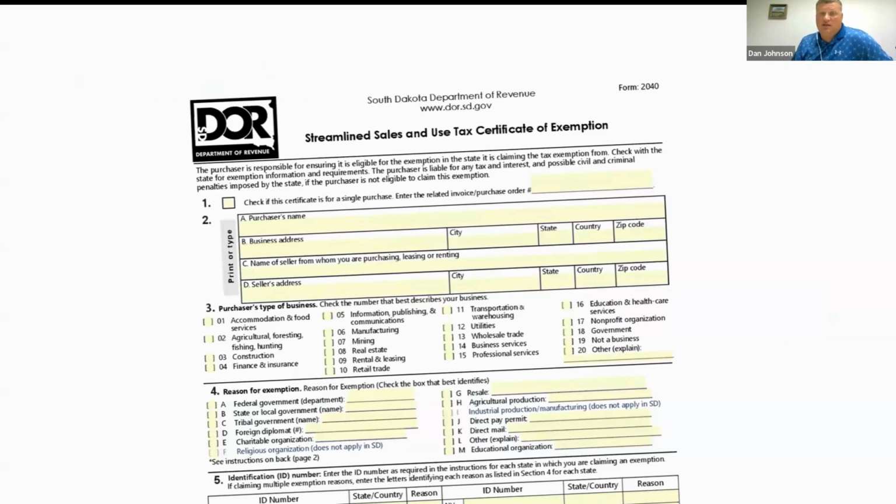You may get one of these if, let's say, someone's buying something for resale. It's on our website, dor.sd.gov, and it's going to be Form 2040. And you can fill this out if you need to purchase some stuff exempt or that would qualify for an exemption.